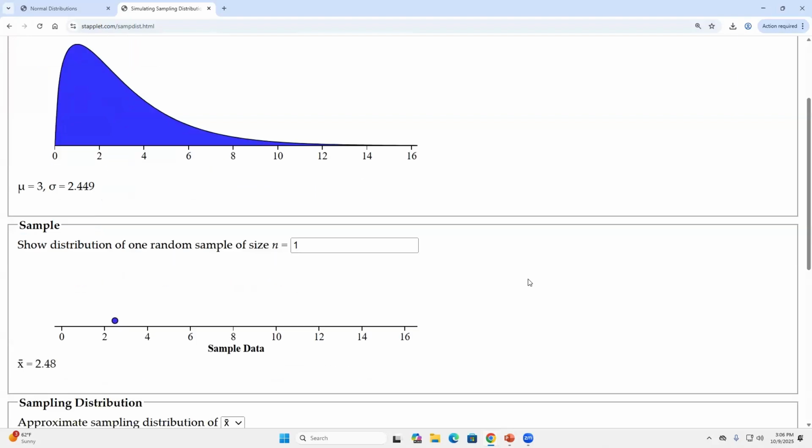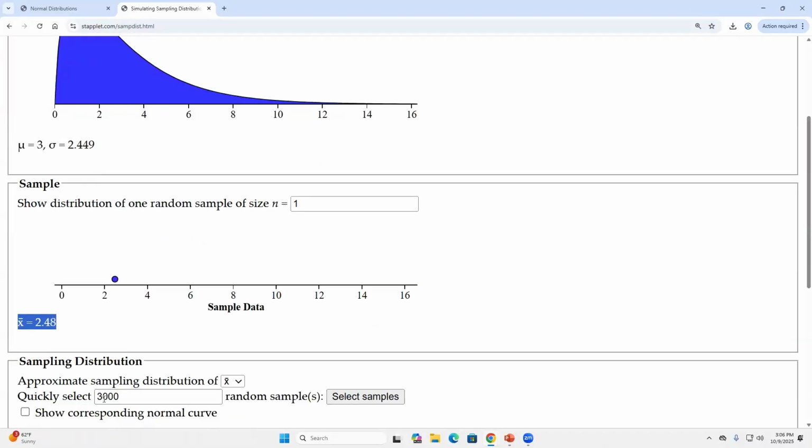Okay, so we now have a sample size of 1, a single individual, and this individual has a score of 2.48, and they have a mean of 2.48, not surprisingly.